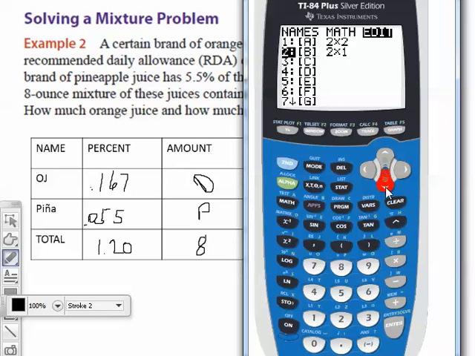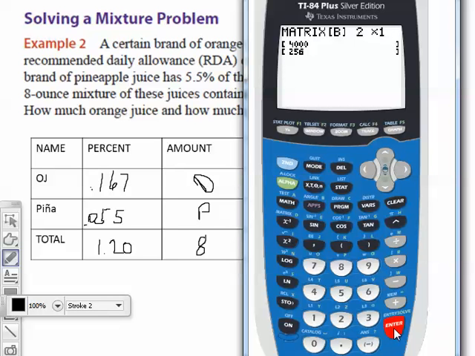We're going to edit the B equation, 2 by 1, and the values here are 8 and the next one was 1.2.